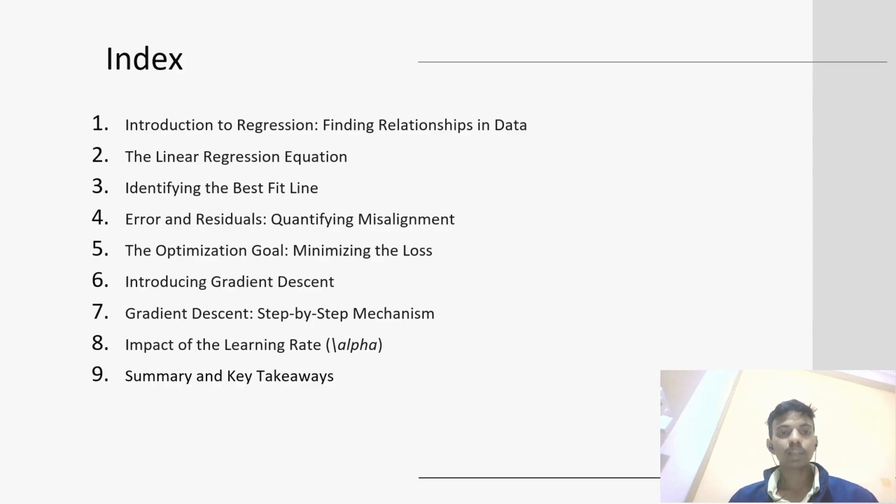Then identifying the best fit line. Then we will see the error and residual. After that, we will see the optimization goals, then introducing gradient descent, and then we will move on to gradient descent. Afterward, the impact of the learning rate, and finally, we will sum up with the summary and the key points.